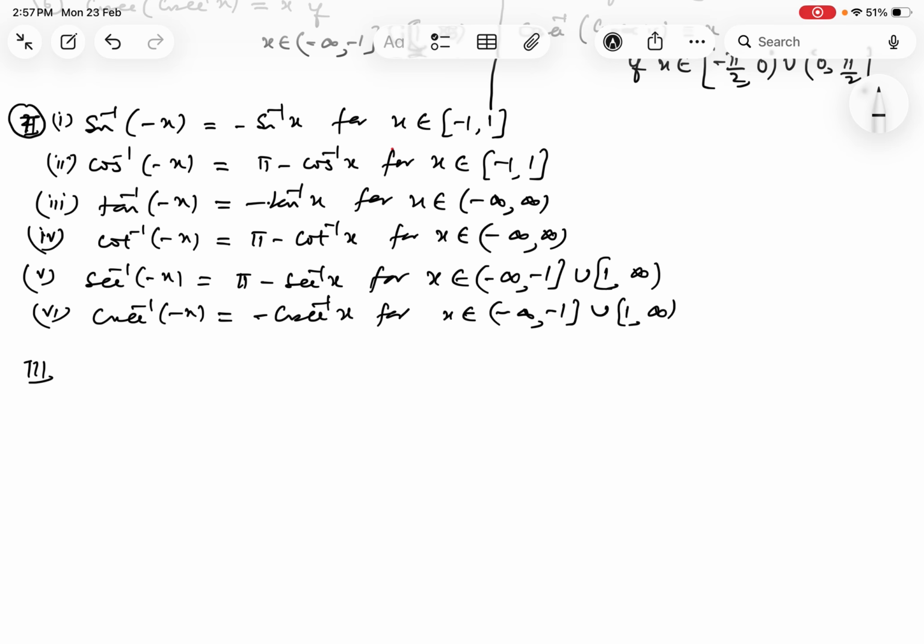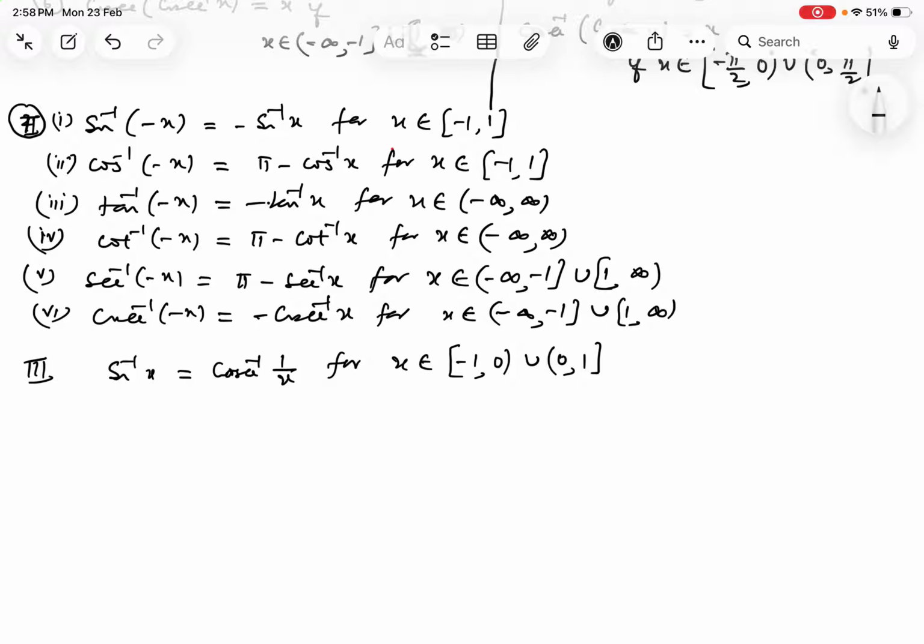Now the third result is sine inverse x is always equal to cosecant inverse 1 by x, provided x belongs to minus 1 to 0 union 0 to 1, excluding 0.